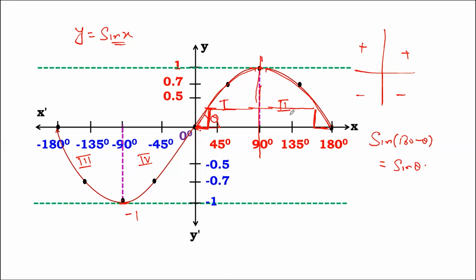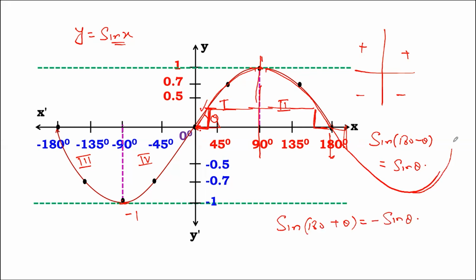Next, sine of 180 plus theta: 180 plus theta means the graph will go down, right? The magnitude will be the same, as this is positive 1, but it's going to the negative side. So sine of 180 plus theta will be minus sine theta, right?